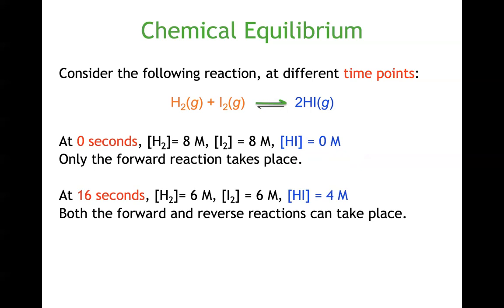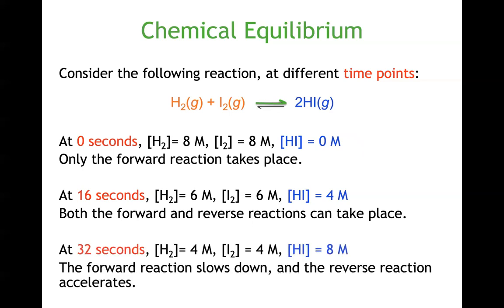And as the concentration of the product increases over time, at some point the forward direction will slow down and the reverse direction will begin to accelerate until the reaction reaches equilibrium, when there's no change in the rate, and we had defined rate as changes in concentration over time.